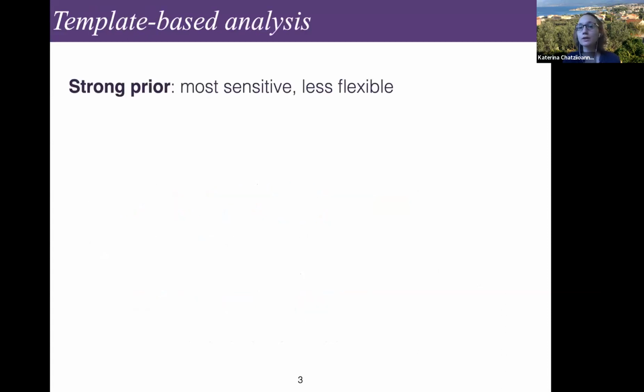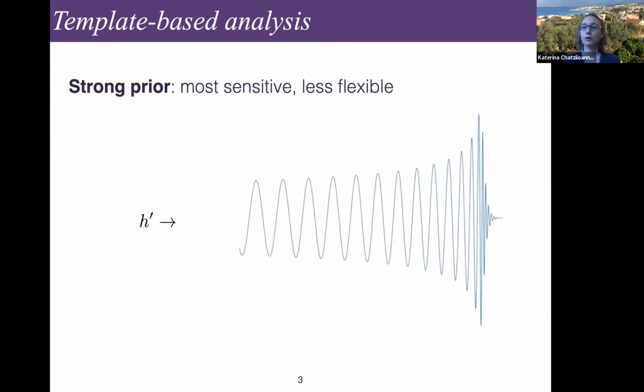The typical choice, and I'm assuming this is what was discussed earlier today and what people might be more familiar with, is what's called a template-based analysis, where the models for the signals are basically solutions to general relativity for compact binary mergers. So your H, your model, looks basically something like this.